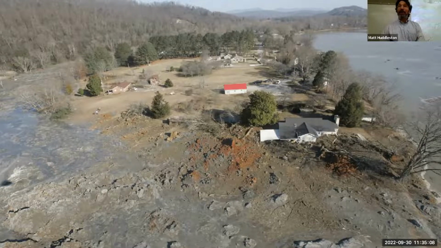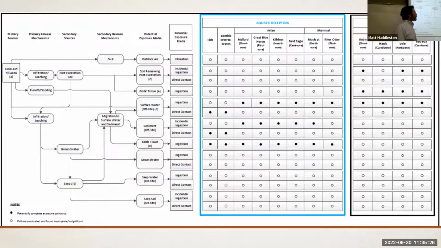And so I've been working on some of these risk challenges related to coal ash, not specifically this spill, but, as I said, at plants where you have more of the unseen contamination coming from the basins. How do you do an ecological risk assessment? Well, it starts with this. This is called a conceptual exposure model.